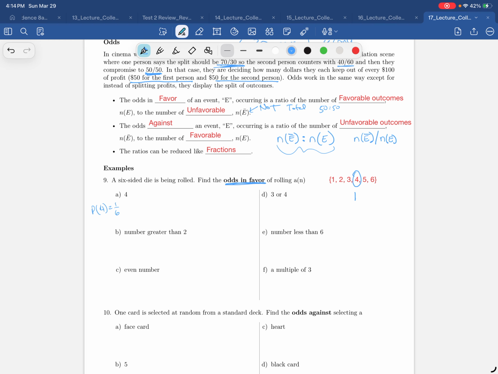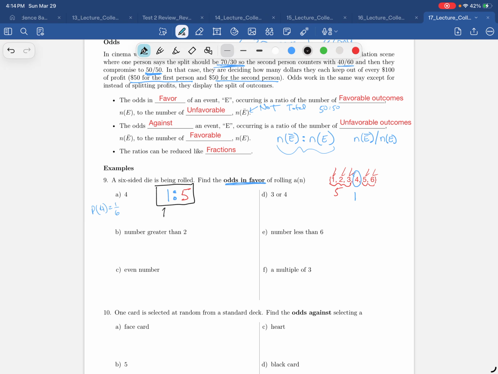That's 1. And we want to compare that to the number of ways that we're going to not get a 4, or the rest of them. And we have all these and these 2. So in total, there's 5 of them, right? 1, 2, 3, 4, 5. So this is 1 to 5, not 1 to 6, right?